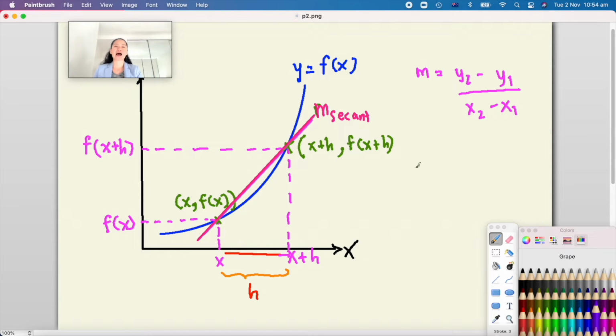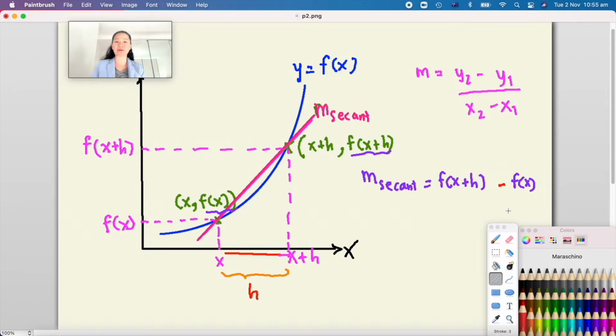So our m secant equals y2. What is y2, please? y2 is here: f(x plus h) minus y1, which is here, f(x), divided by x2, which is x plus h, minus x1.